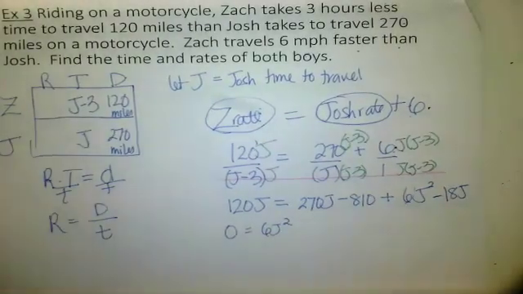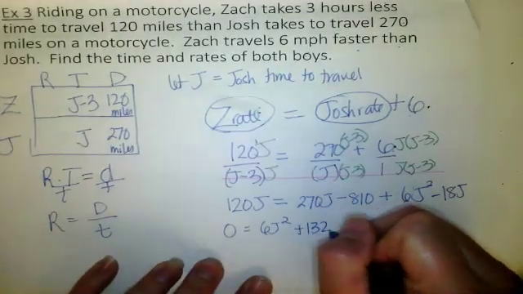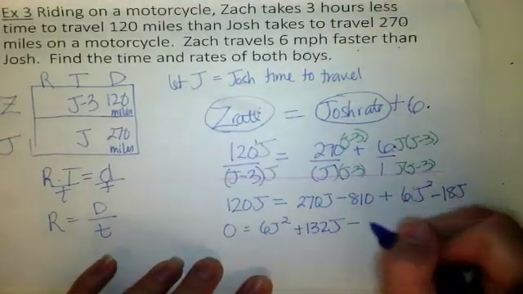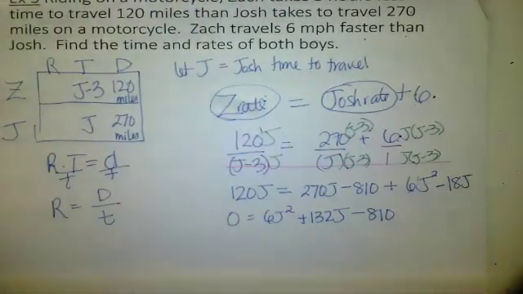Goodness gracious. 270j's minus 18j's minus 120j's is 132j's. And then minus the 810. Those are giant numbers.